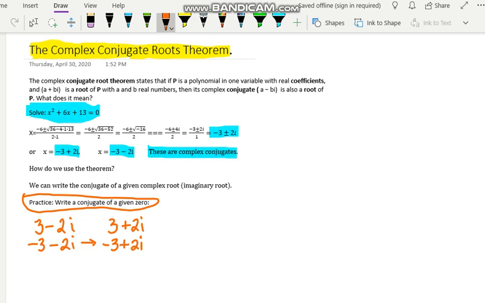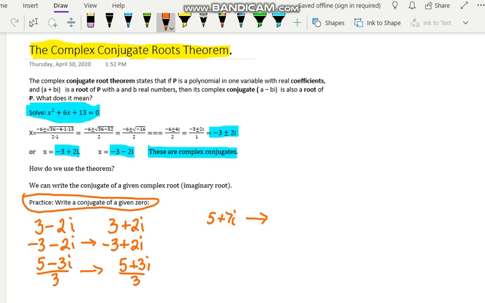Let's say the complex root that is given to me is 5 minus 3i over 3. What is the conjugate to this one? 5 plus 3i over 3. Okay, let's do more. The given root is 5 plus 7i.